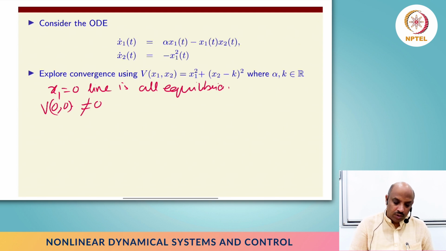What we are going to show now is basically use this particular function and use LaSalle's theorem, and see what happens, right? And this is a lower bounded function, so that's one of the things that is required in LaSalle. If you have lower bounded, what happens is if V dot is less than or equal to 0, we can show that basically V has to reach some constant at some point, right?